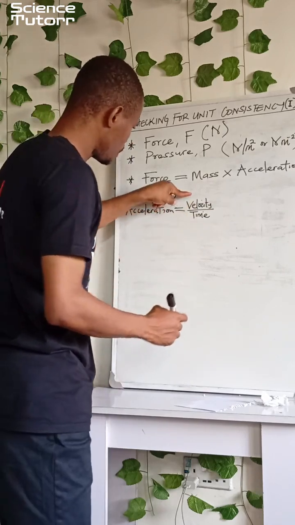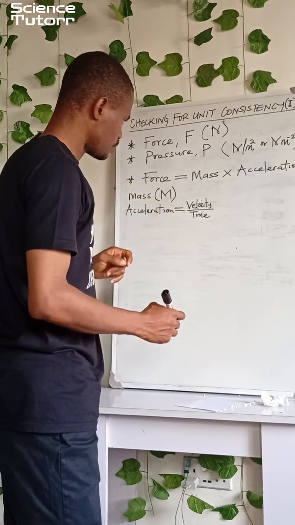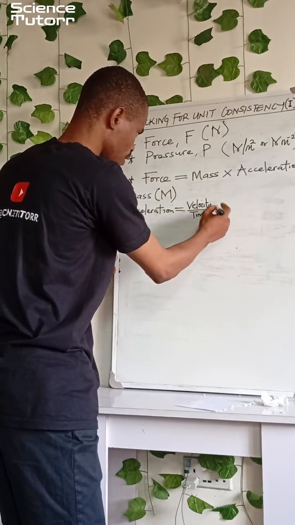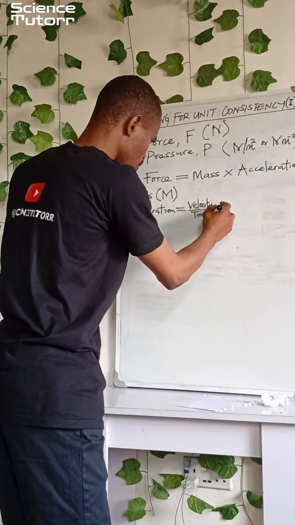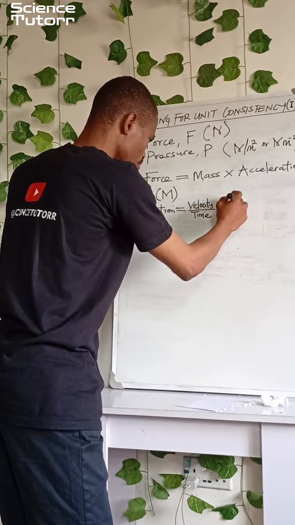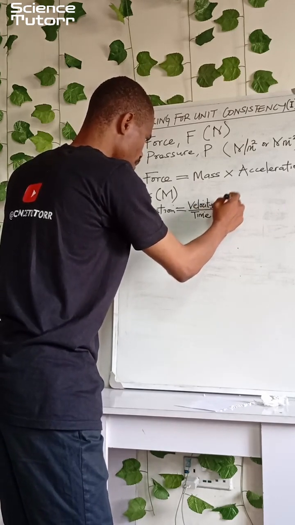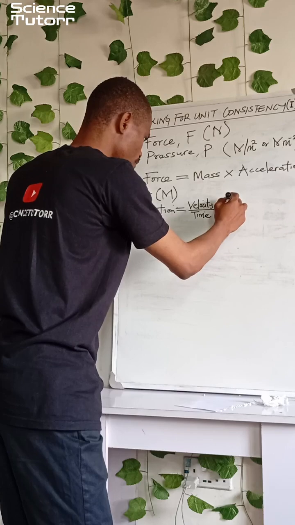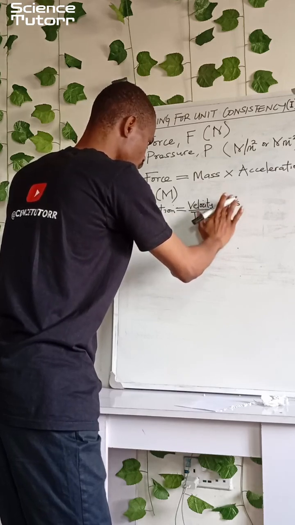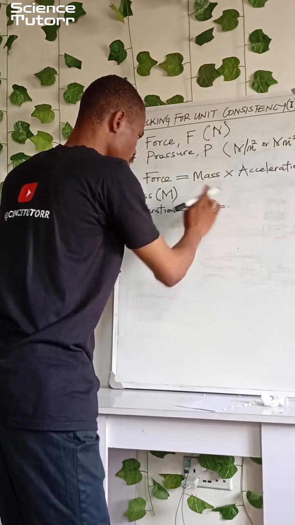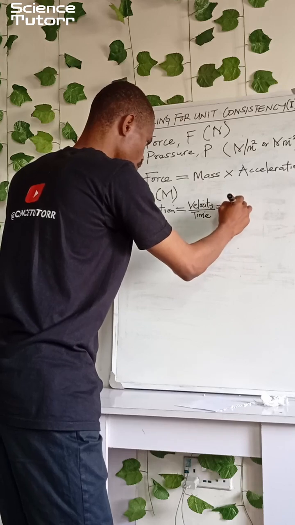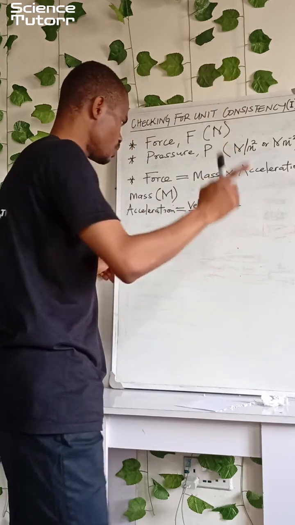Now, from velocity, we can get something out of it. Velocity is displacement over time, that's distance over time. So we have velocity to be meter per second. Let's use the symbol for displacement, which is L, from our fundamental quantity.